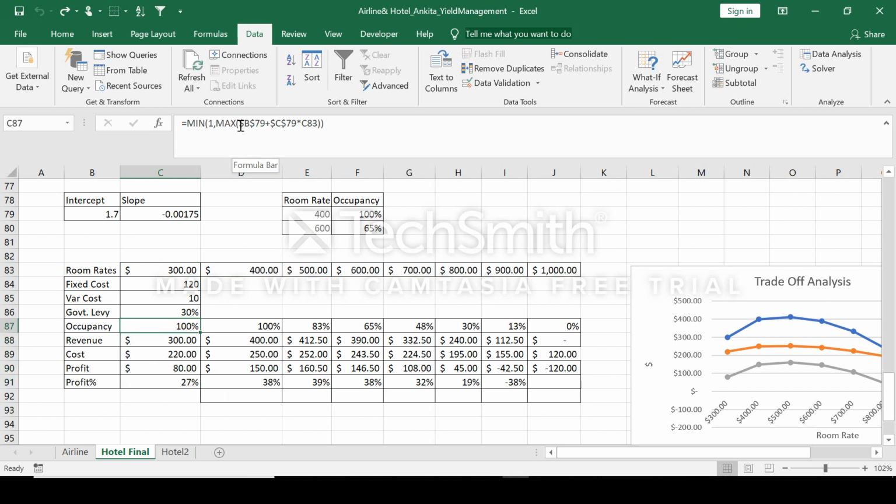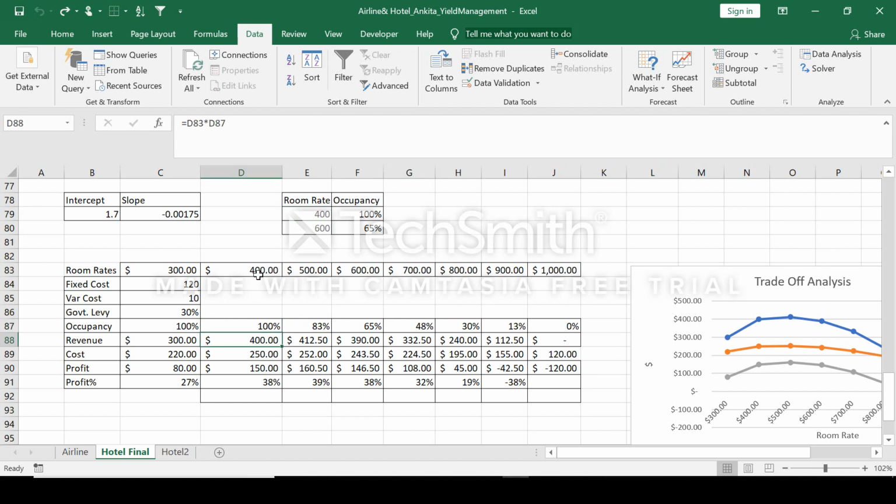Occupancy is calculated again using the same formula a plus bx, but we use the min function here because we don't want it to exceed the 100% mark, since we know that we get 100% occupancy at a room rate of 400, and we calculate the occupancy for the rest of the room rates.